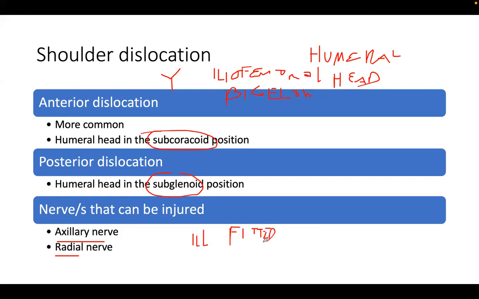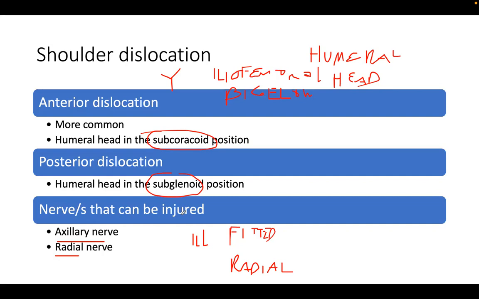What nerve is damaged? Ill-fitting crutches. Very good. It's the radial nerve. It is not the axillary nerve. Ill-fitting crutches. So please take note of that.